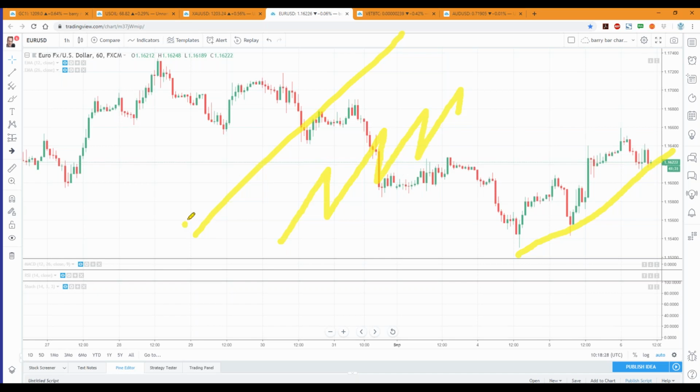A well-developed trend will not look like a straight line. So in other words, we see push and ease, push and ease, push and ease. We have a very nice, well-developed uptrend at the moment. And again, this is all part of technical analysis because it is done on a chart.